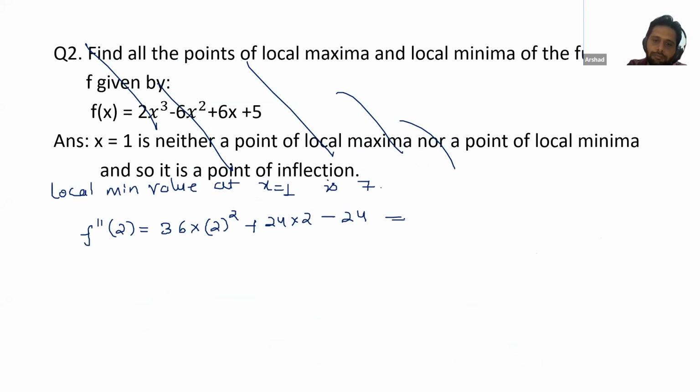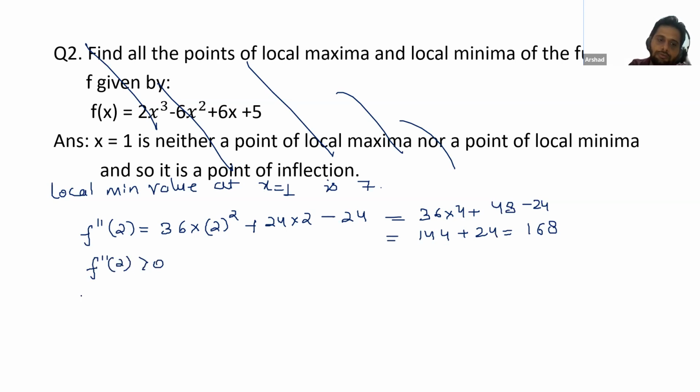So what you will get here? 36 into 4 plus 48 minus 24. So this will give you 144 plus 24, 168. So f double dash 2 is greater than 0.